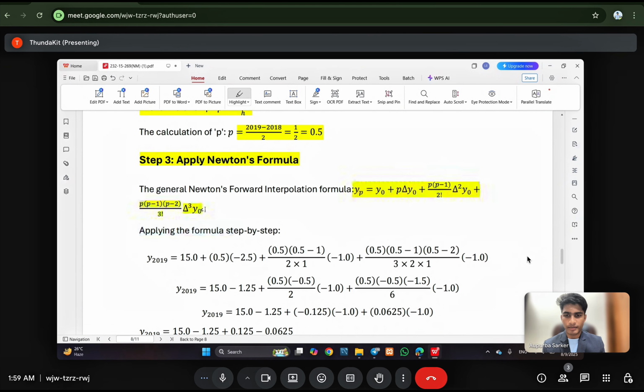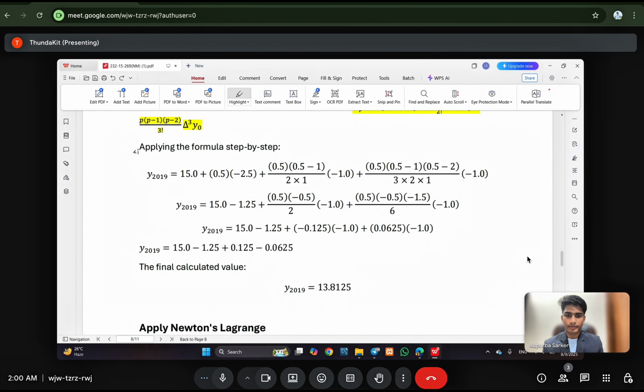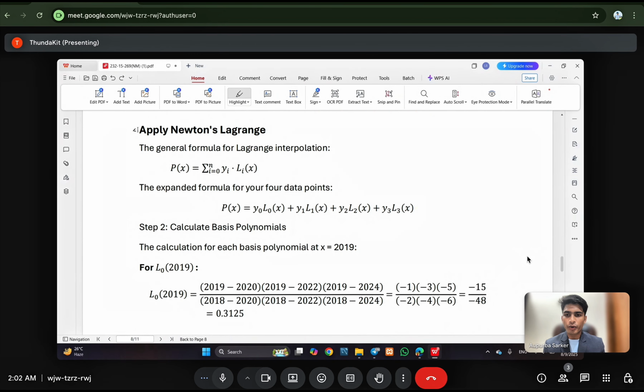This is the formula. Let's plug in our values and calculate for x equals 2019. Applying the formula step by step, the final calculated value is y 2019 equals 13.8125.